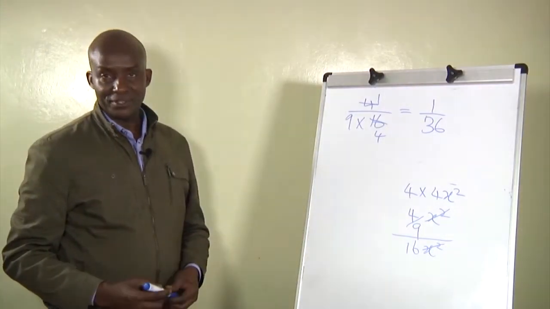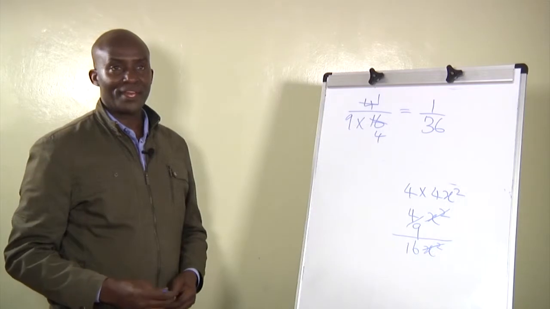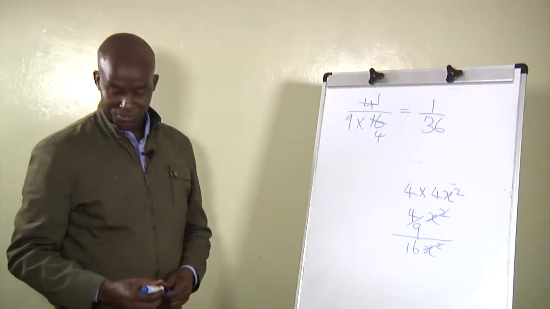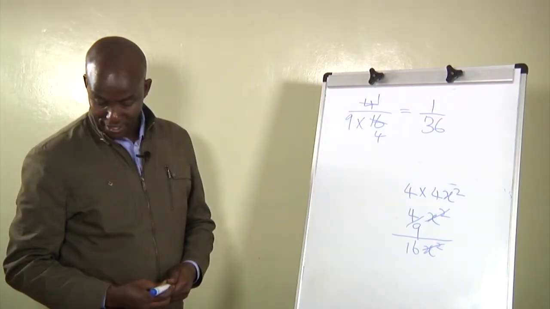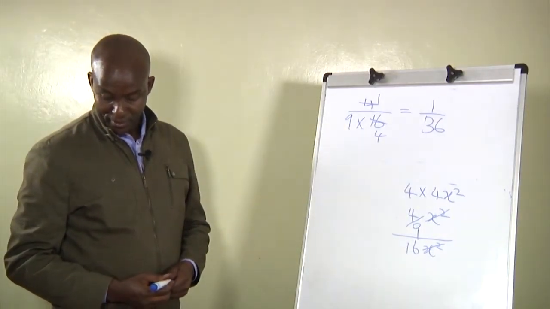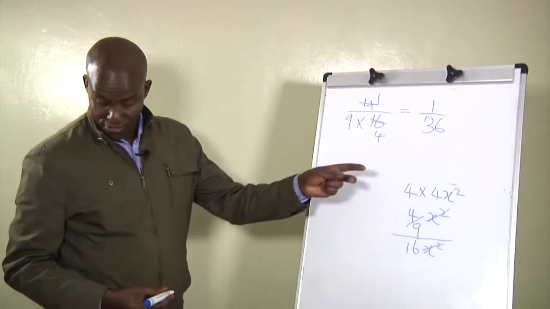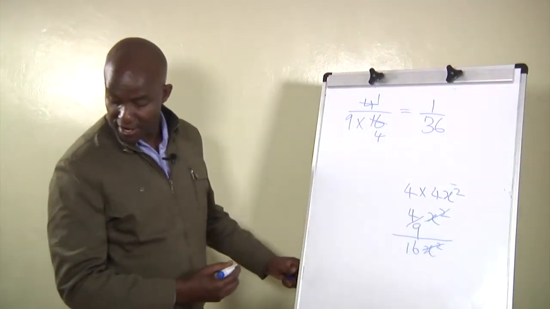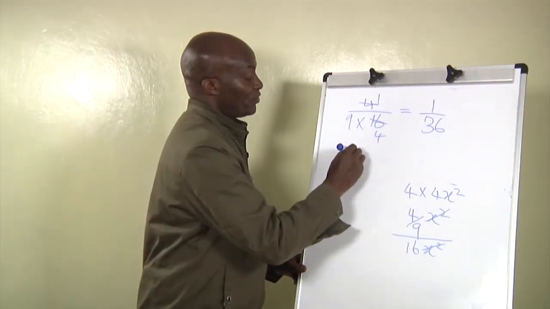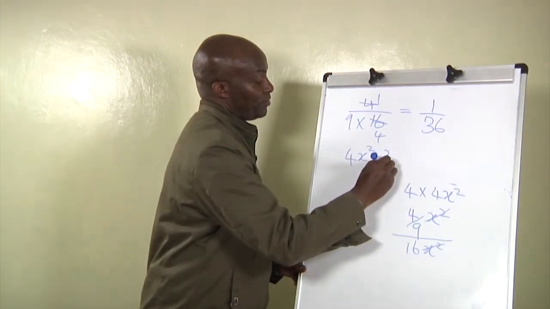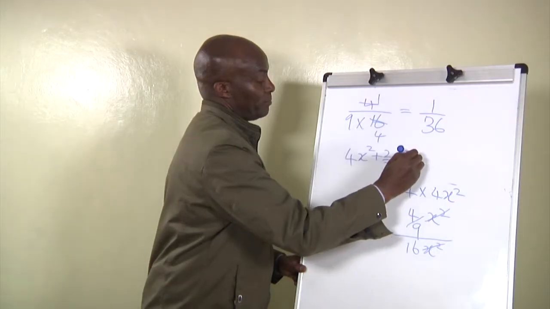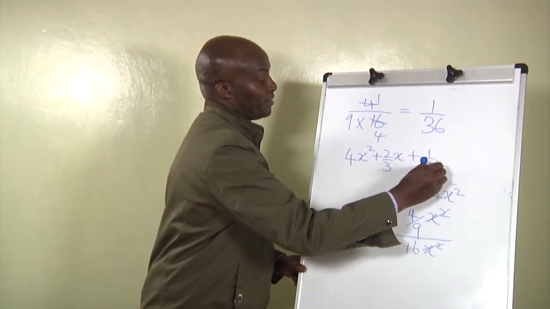So is that what you got? I hope so. If you got that one, then you have understood and followed the lesson. So this expression, when you finally write it, you are supposed to get 4x squared plus 2 over 3x plus 1 over 36.